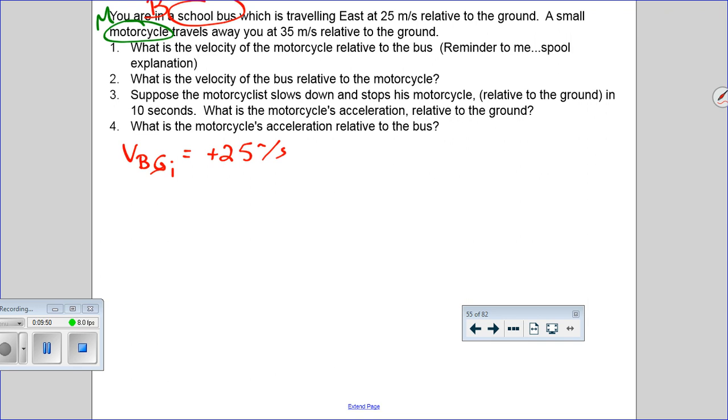Now, it says a small motorcycle travels away from you at 35 meters a second, again relative to the ground. So the velocity of the motorcycle relative to the ground is 35 meters a second. But since it's going away from me, I need to make it negative, right?